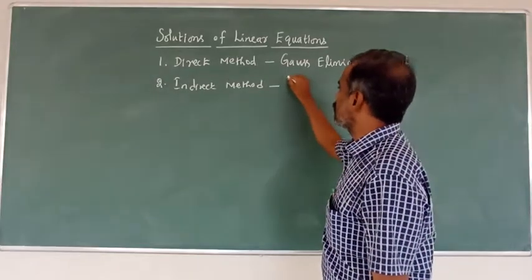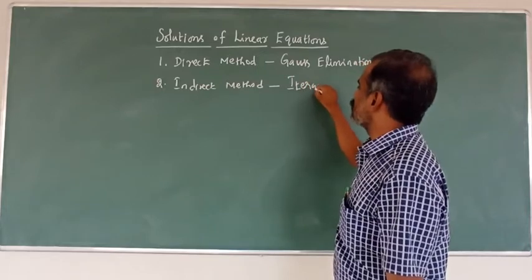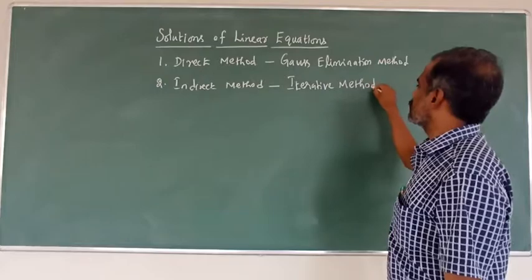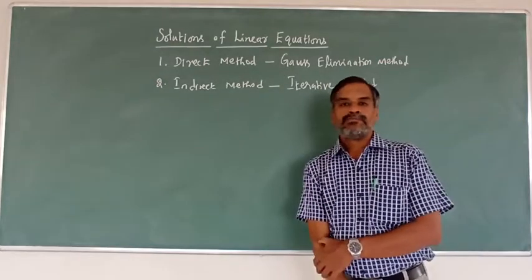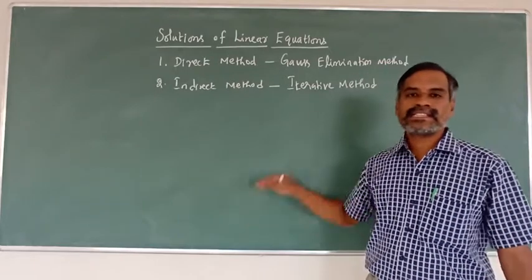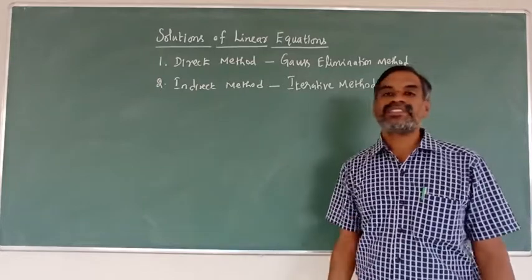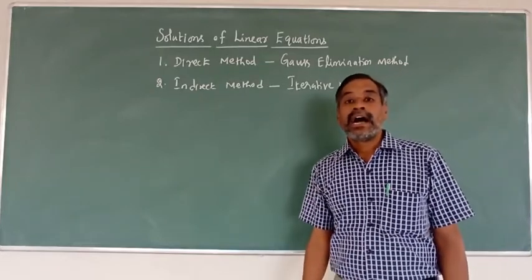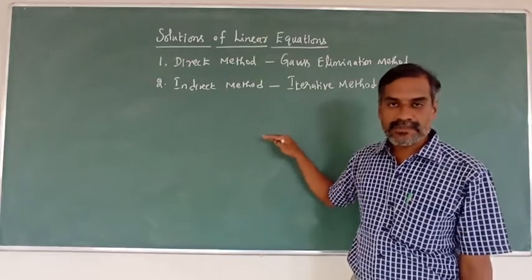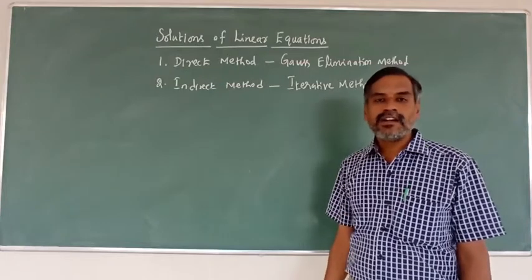Second one, the indirect method, also called the iterative method. Here the iterative method means successive approximation. The first iteration result is substituted into the second iteration, and the second iteration result is substituted into the third.